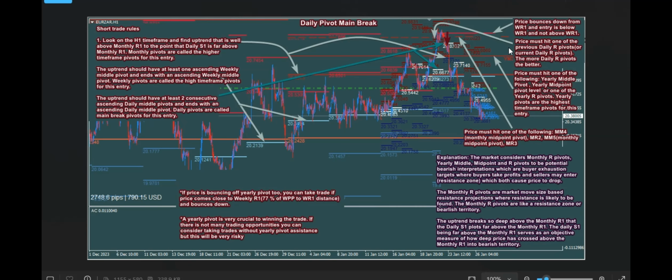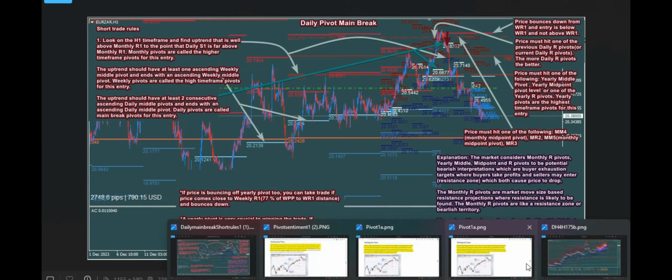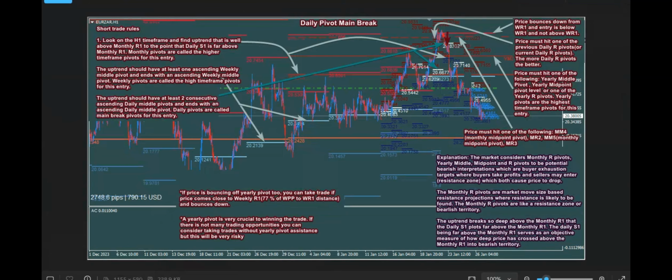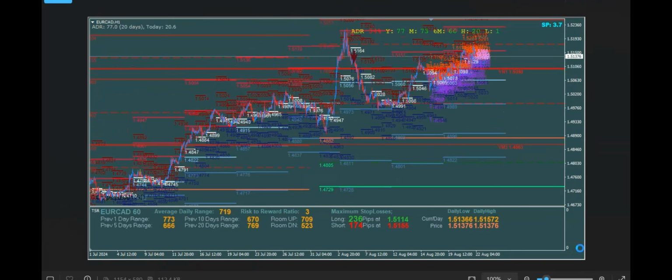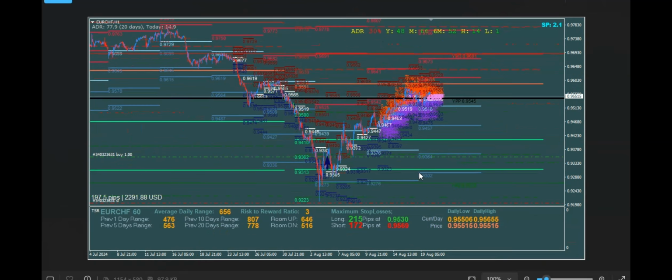All right. So let's take a look at the other long trades, right? You can see the same thing happen with the Euro Swiss. Prices in the previous week break below the weekly S1. So now it's an extra strength downtrend, right?